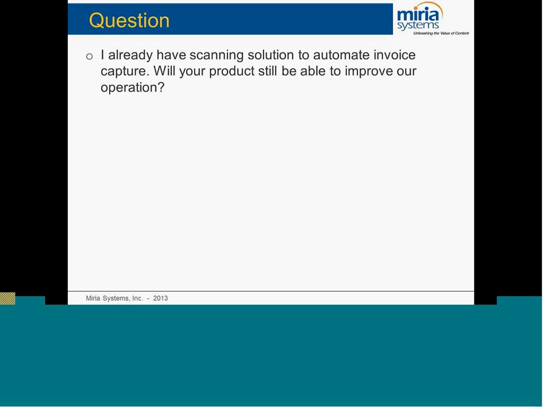Typically you can get an ROI, or return on investment, of 9 months depending on where you're at when you start. If you already have scanning available, that's the biggest ROI, frankly, because you may need 40 people keying in invoices from paper, and if you've already taken that down to 20, your next phase is going to get you from 20 down to 10 in terms of the major ROI or headcount impact.